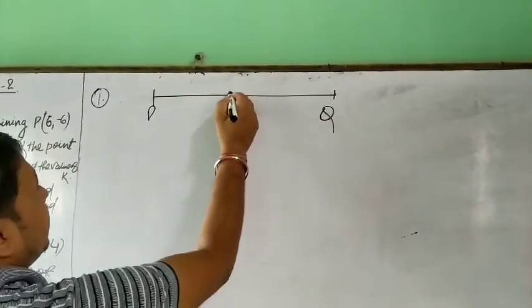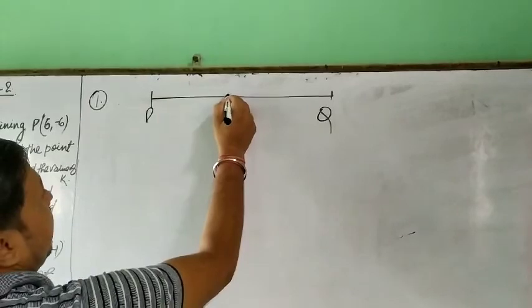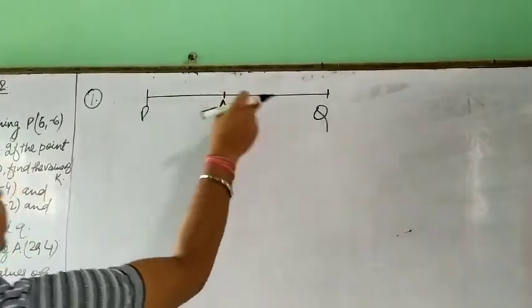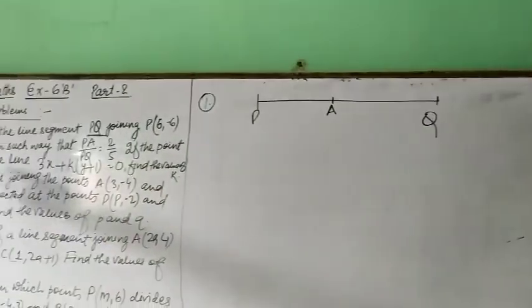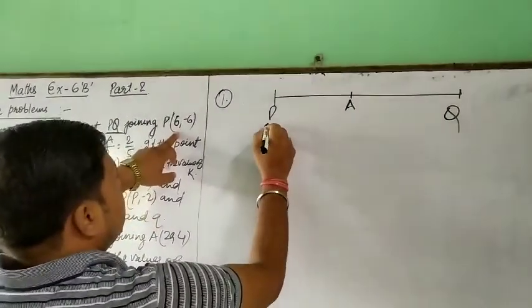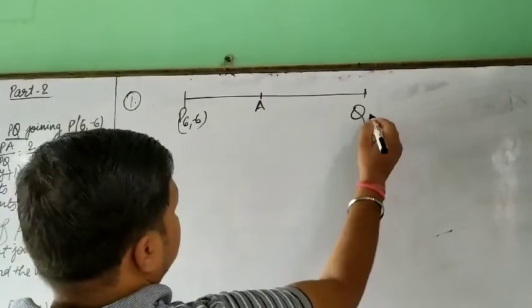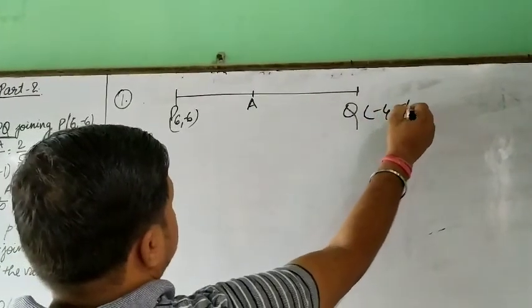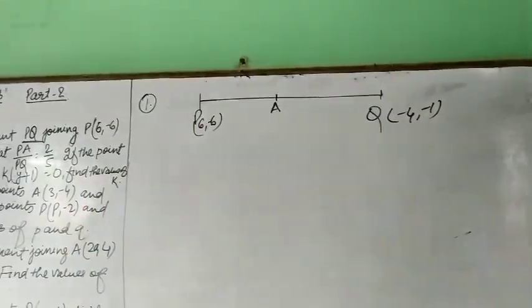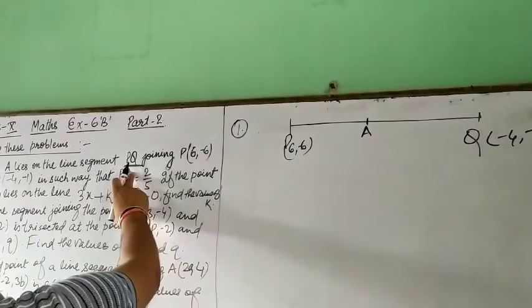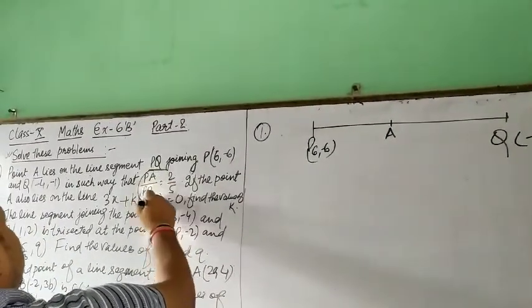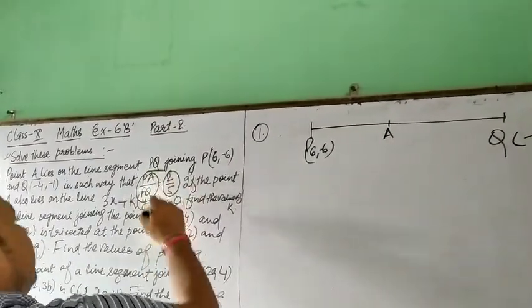A is a point on the line segment where P equals (6, -6) and Q equals (-4, -1), in such a way that PA by PQ equals 2 by 5.